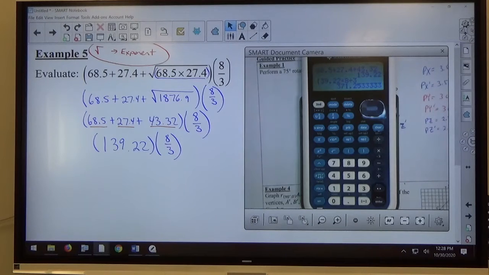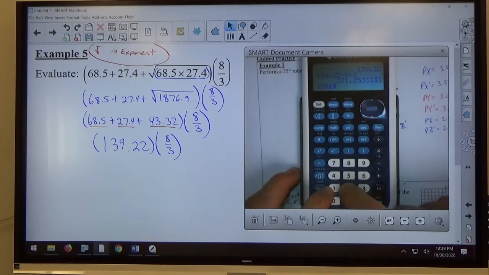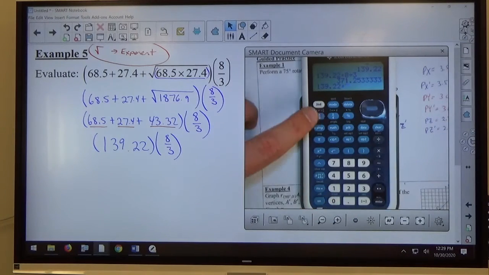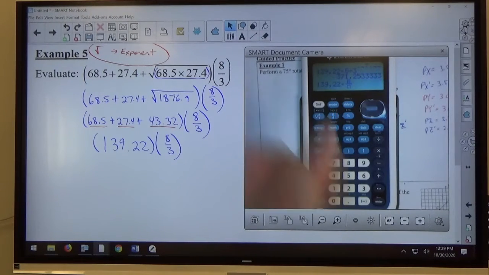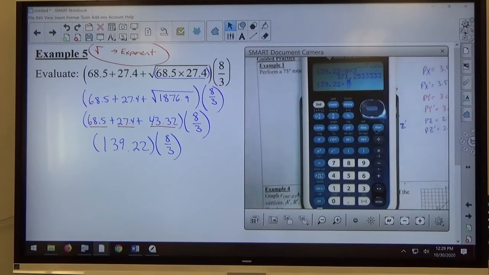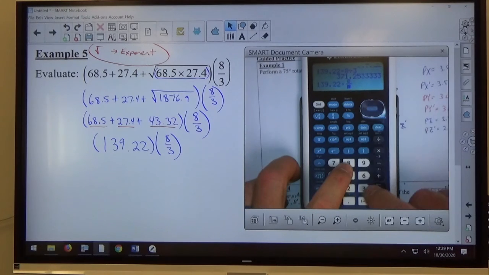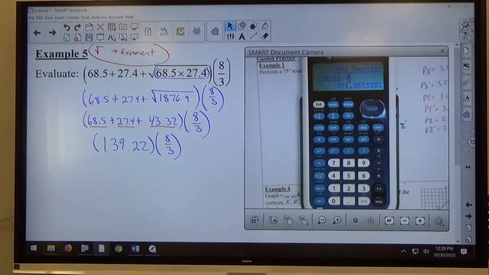The other option is to type 139.22 times, and then this button just underneath mode, that's your fraction key. If you click on that, it creates a fraction structure. You type in your fraction, 8 on top, 3 on bottom. Hit enter. Both give the same exact answer because they're doing the same exact thing. It doesn't matter which one you go with, just go with one of the two techniques.